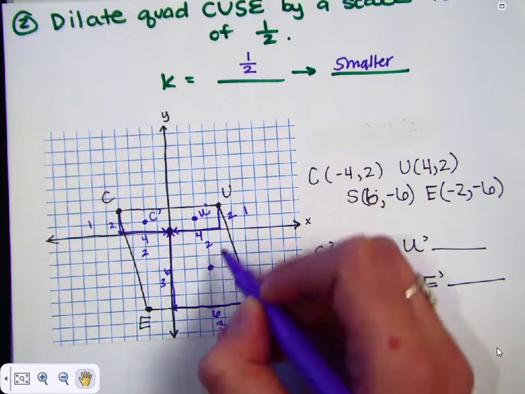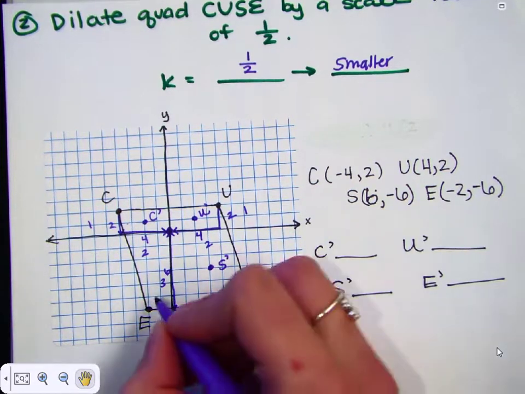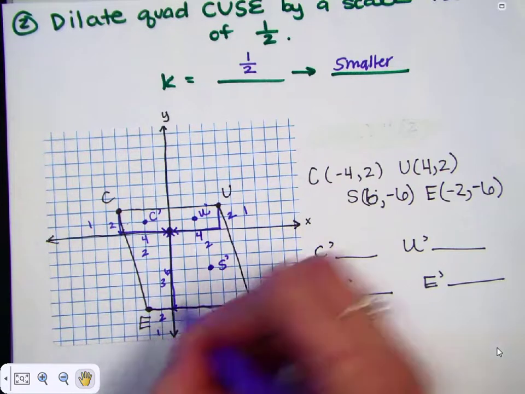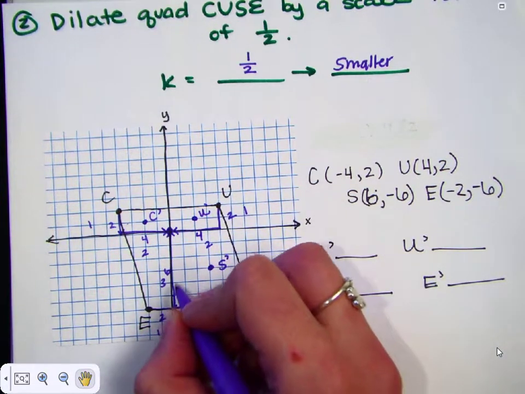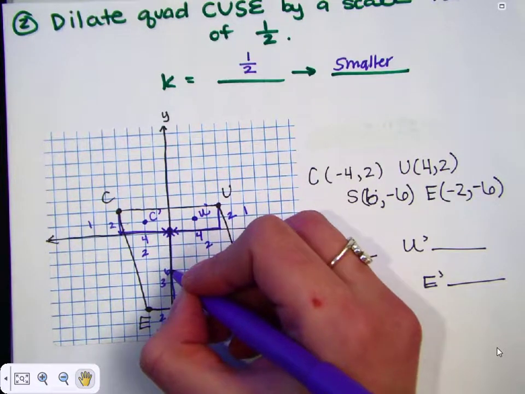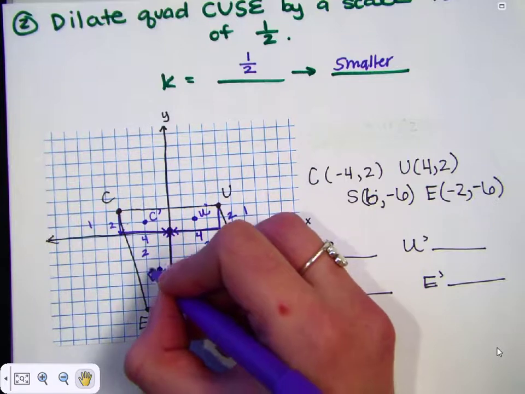This is my new S, S prime. And E is over 2 and up 6, so half of 2 is 1, half of 6 is 3, so I'm really going from the origin down 3 and over 1. And there's my E prime.